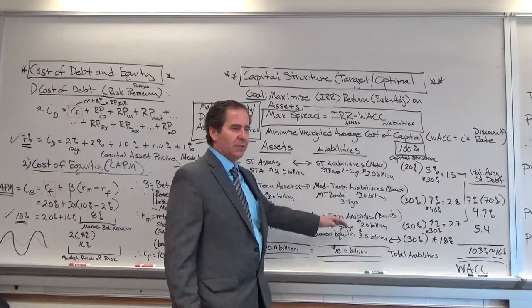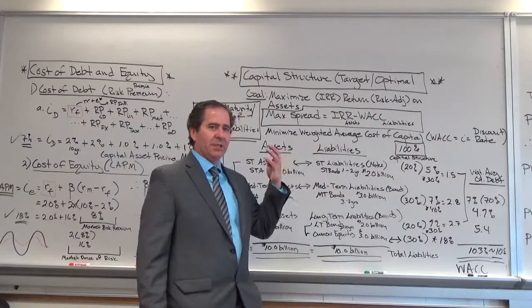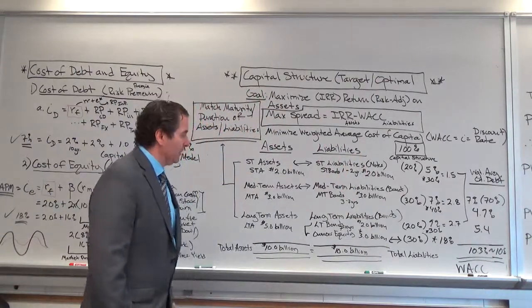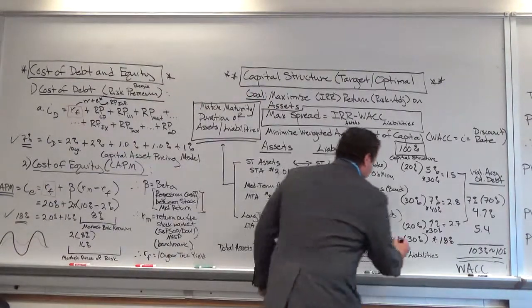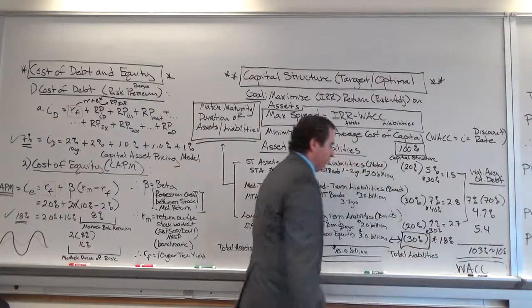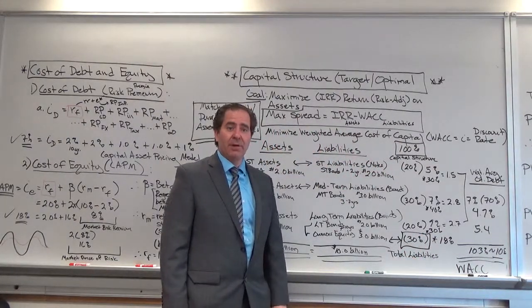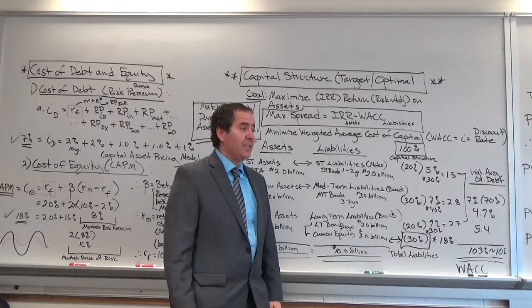Same thing with the bonds. The price of the bonds times the number of bonds outstanding gives me the market value of the bonds. Most industrial firms are 30% equity and 70% debt, which is high debt to equity.